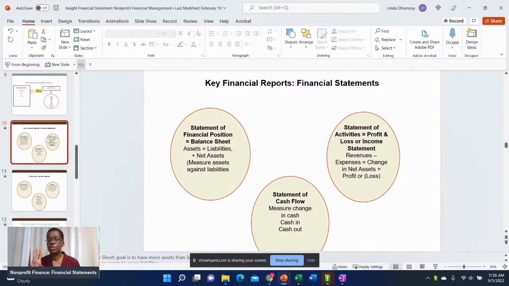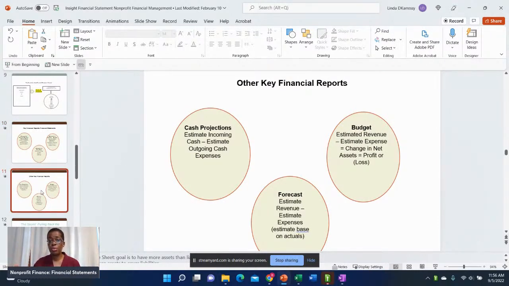These are the three main financial statements that nonprofits should be reviewing. However, I'll give you a little secret. There are other financial reports that you want to be diving into. You want your accounting professional to create a cash projection, estimating when cash is coming in and when cash is going out.